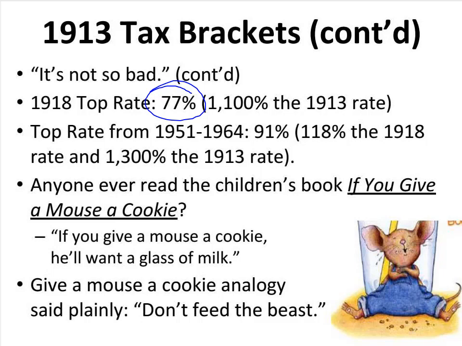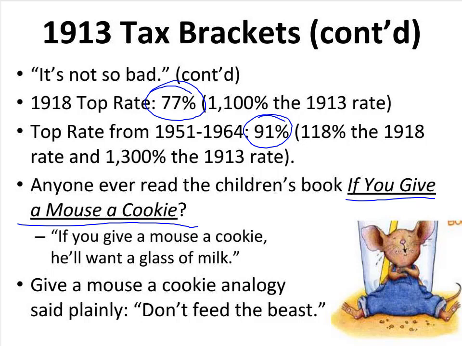The top rate from 1951 to 1964, this 13-year period, the top tax rate was 91%. This is a 118% increase on the 1918 rate, and a 1,300% increase on the original 1913 rates. If you know the children's book, If You Give a Mouse a Cookie, the next thing is he's going to want a glass of milk.